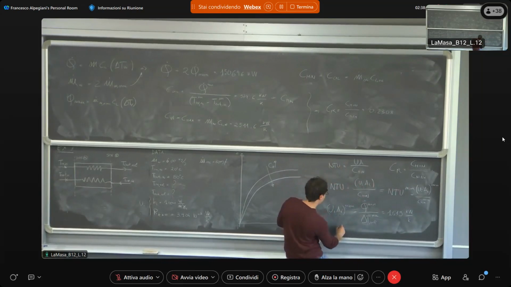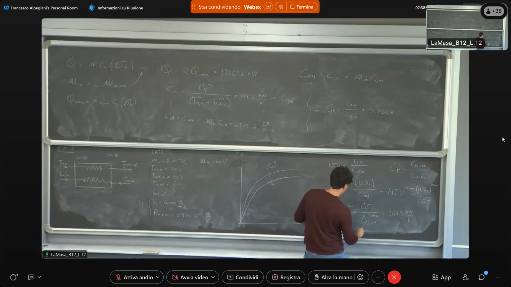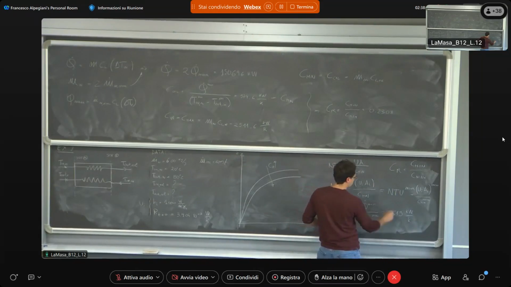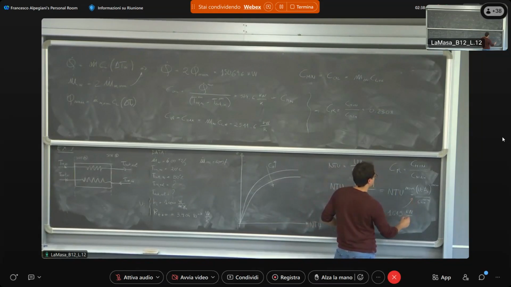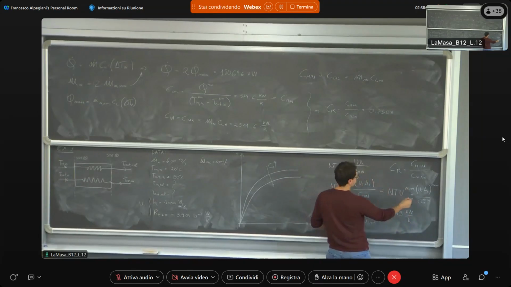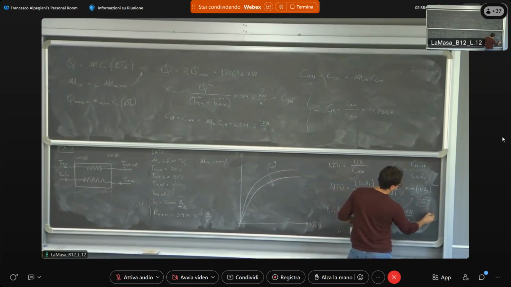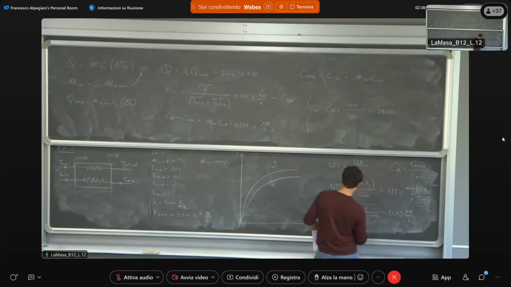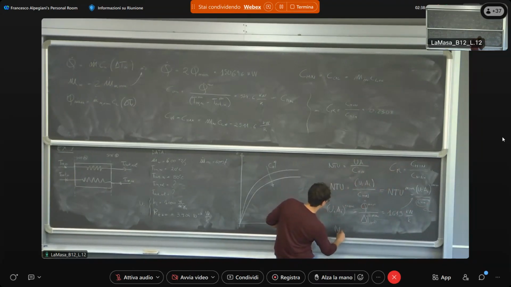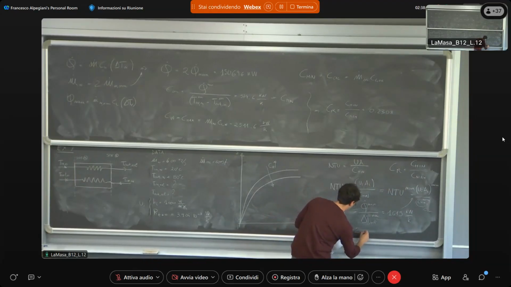So using this value inside here, and C min, which is the heat capacity of the oil, you can evaluate the NTU, which comes equal to 2.793.